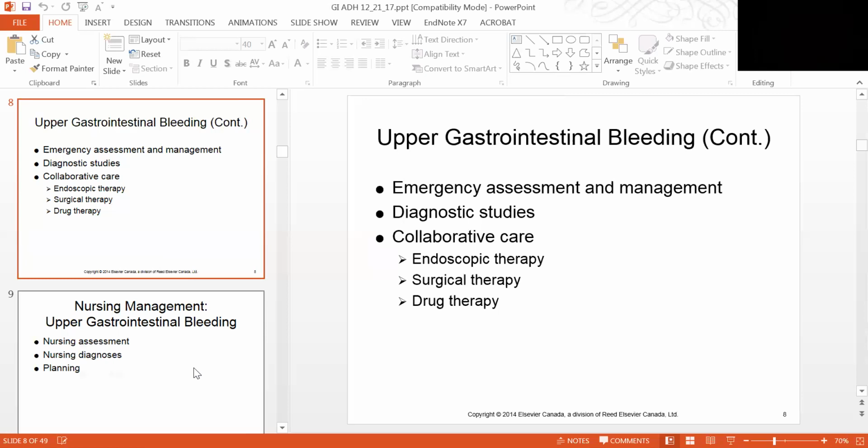So you want to make sure they're group and screened, and you have 4 units on hold. Type and cross-matched for 4 units means they've got 4 units sitting right there with their name on them, compatible with their blood type. Versus a group and screen that says Leslie's A positive, and I have lots of A positive in my blood bank here. So it's really important that you have that so you can use it at a moment's notice.